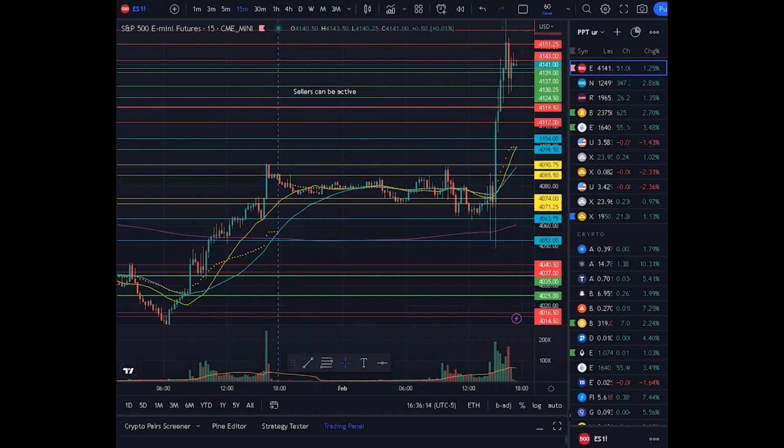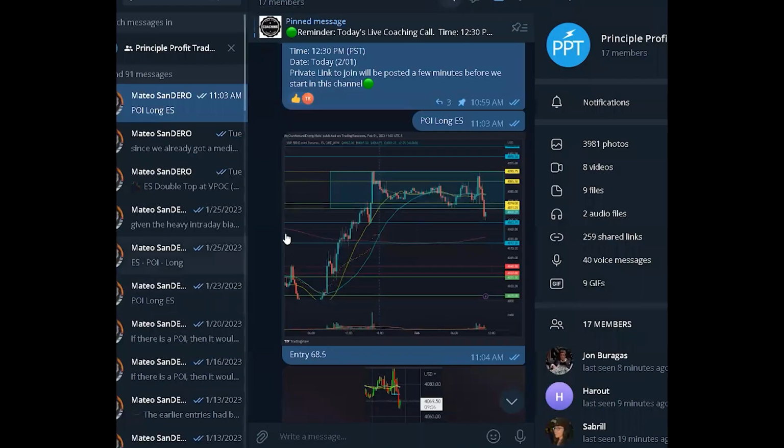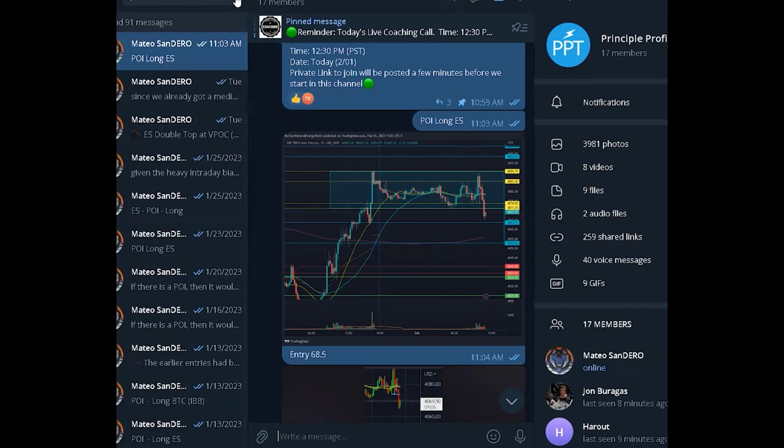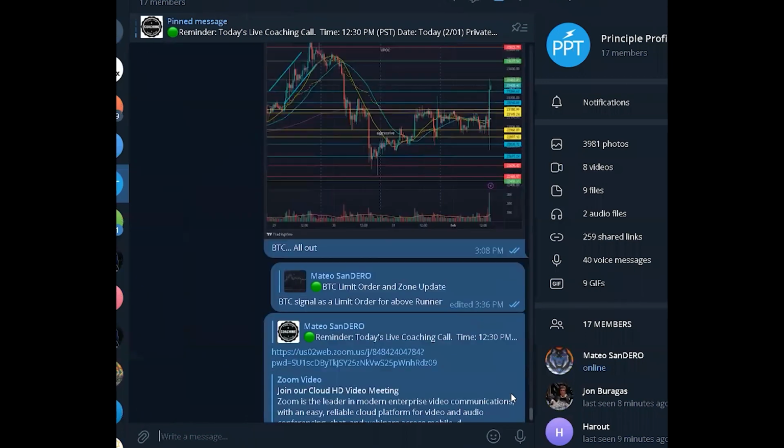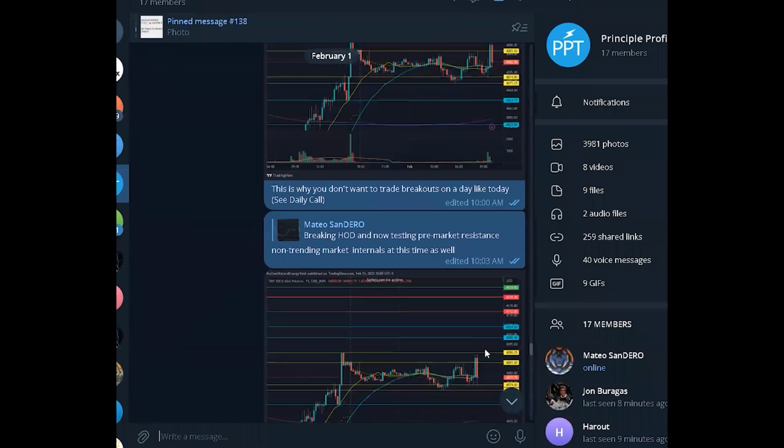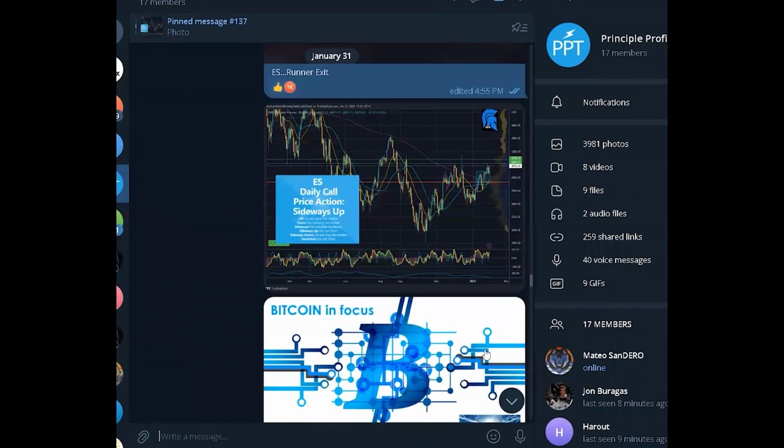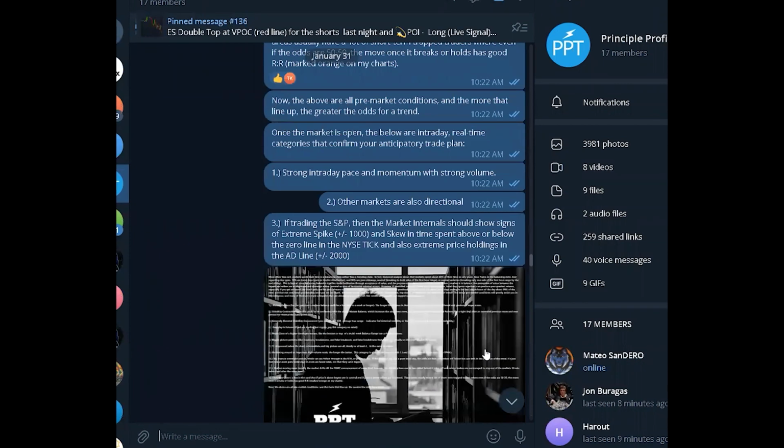Like I said, when I showed everybody this list from the other day, with all these pre-market conditions that increase the odds for a trend, don't forget that I also said that once the market is open, the intraday real-time categories confirm your anticipatory trade plan. We're taking in this real-time data too, professionally.